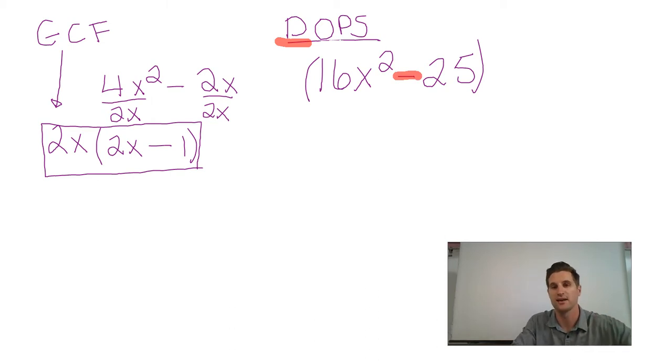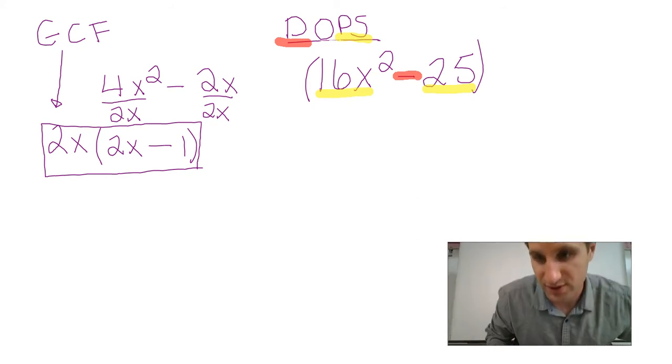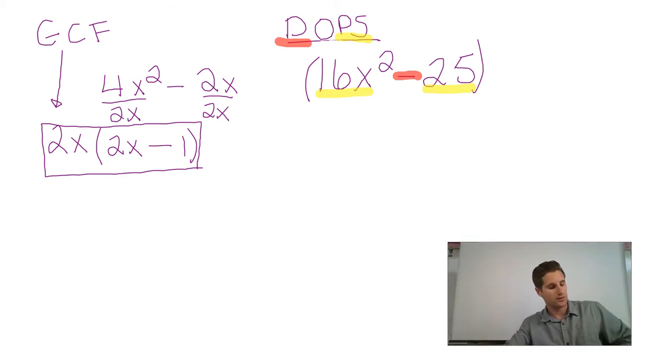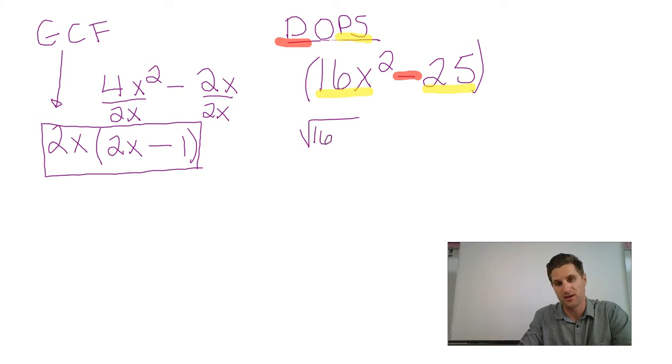We are subtracting it. And then when we say perfect squares, well, 16 and x squared are perfect squares, and so is 25. So this is how we get the difference of perfect squares, and we can do a little kind of a cool maneuver. And what happens is we can actually take the square root of this 16x squared, and we can take the square root of 25.